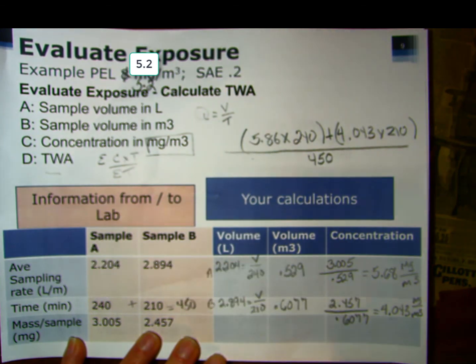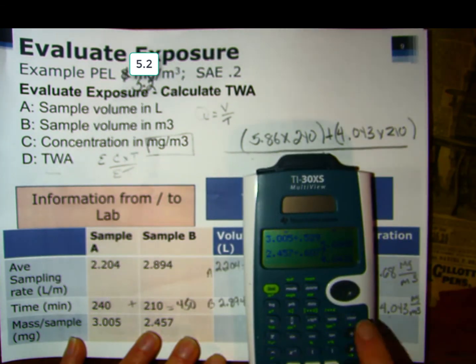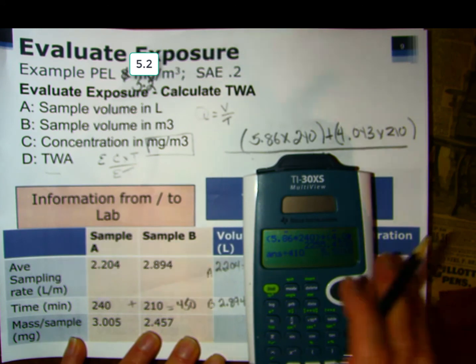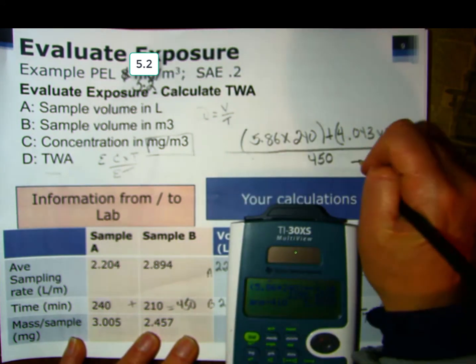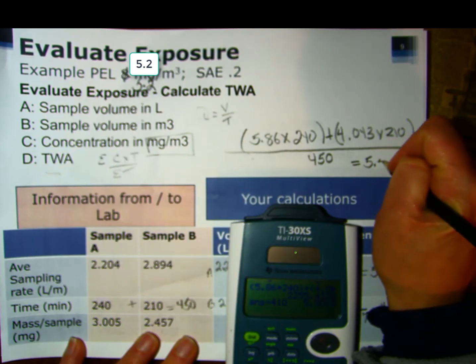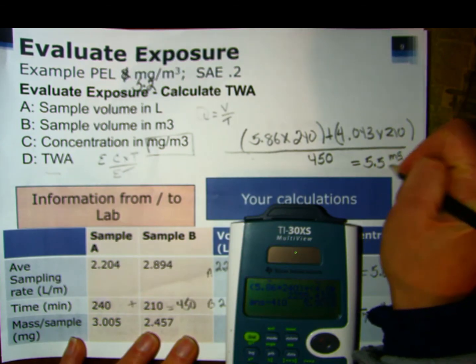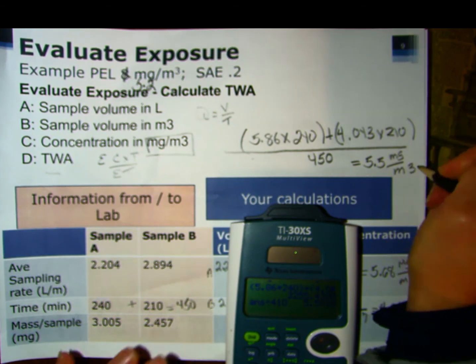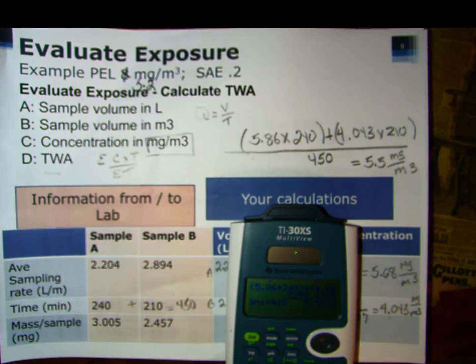So let's see what our time-weighted average is. And now we have our time-weighted average.